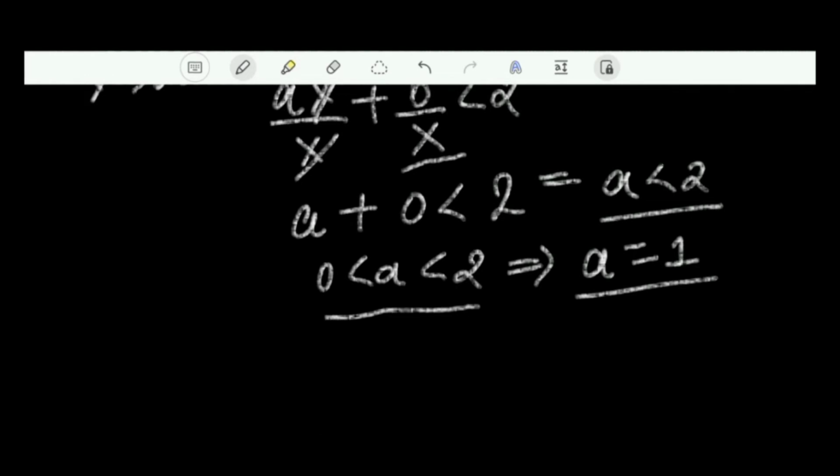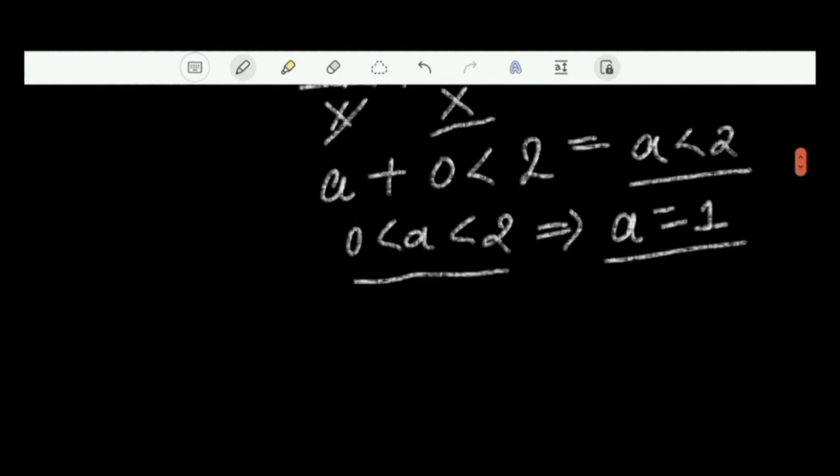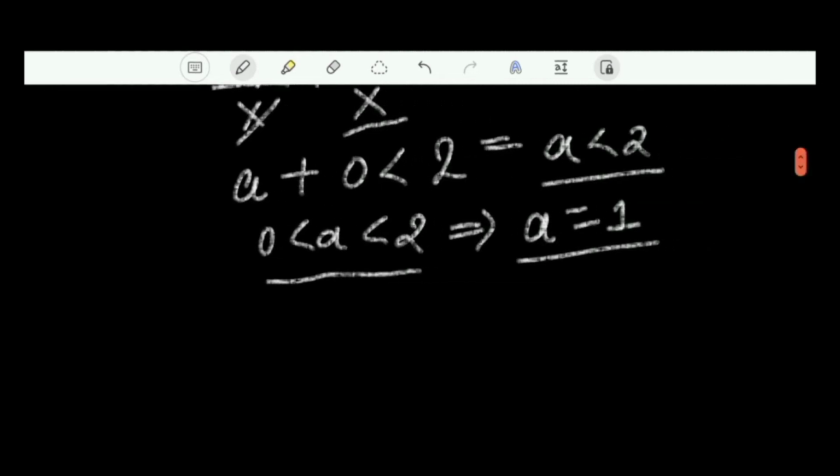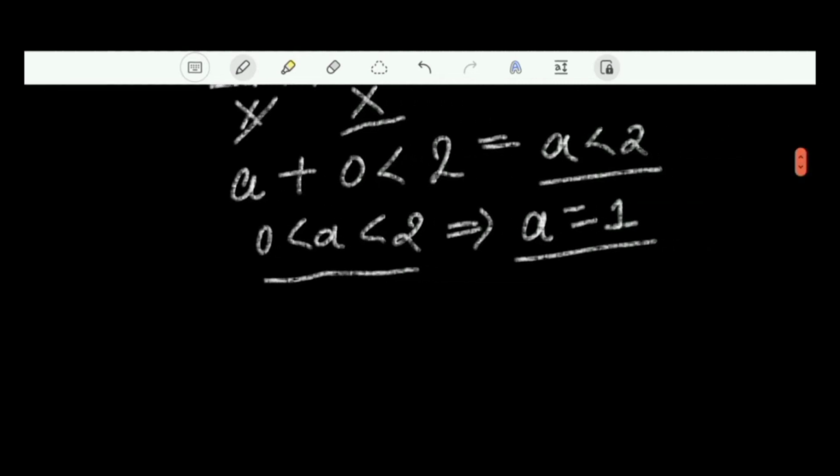Okay, so this part is done because we know that a is a positive number and we got an inequality where a is smaller than 2. So there is only one possibility, which is a is equal to 1 for an integer value.